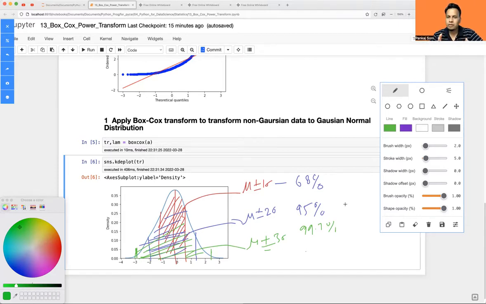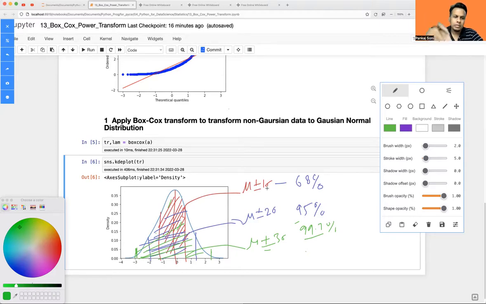And the moment you have Gaussian normal distribution, you can blindly tell, my 68% data will be falling between this, 95% data will be falling from here to here, and 99.7% will fall between mu plus minus 3 sigma. And not only this, you can apply a lot of other statistical functions on the normal data.